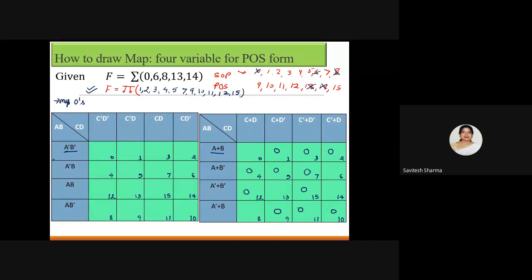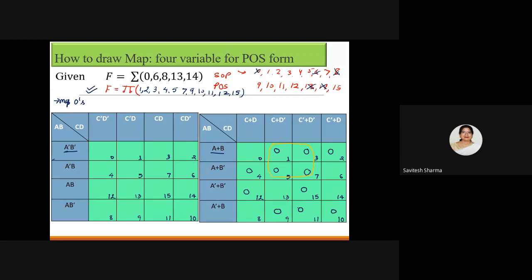Please help me. This quad I found. This time I am grouping zeros. Why am I grouping zeros? Because I want the POS form. So I grouped zeros and I am forming a quad.